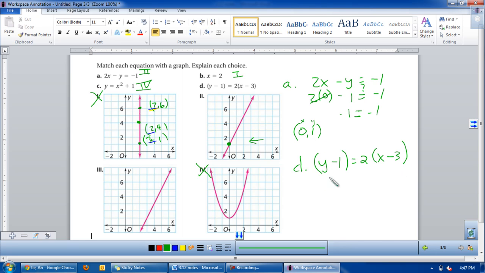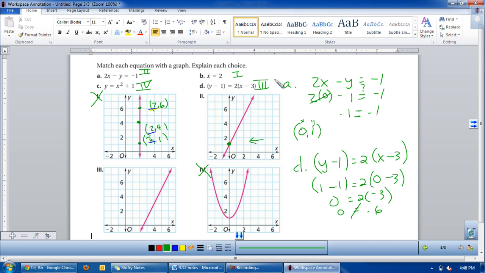Alright, so y, that's 1, minus 1 equals 2 times x is 0, minus 3. 1 minus 1 is 0, 0 minus 3, that's -3, -3 times 2 is -6. Does 0 equal -6? No. So this point, (0, 1), has coordinates that do not satisfy D. So therefore, we know that this graph right here does not belong to that equation. And we already showed that. So let's go ahead and write 3 next to D.